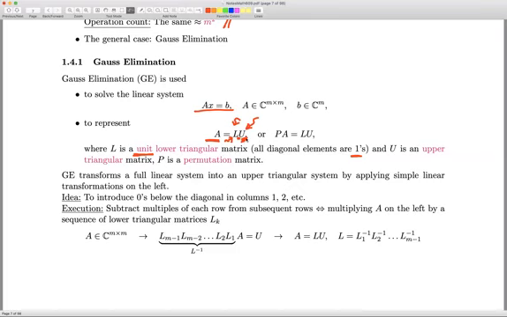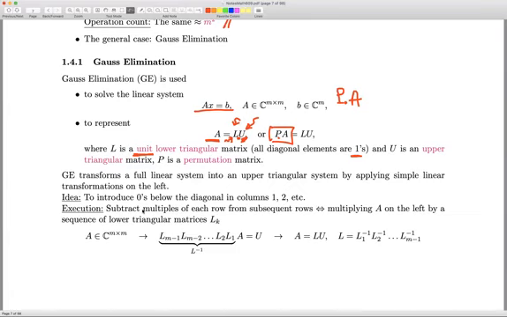If it cannot, we can find a permutation matrix P such that not A = LU, but PA = LU. So A by itself is not the product of L and U, but if you multiply a permutation matrix times A, which basically means we permute the rows of the matrix, then we end up with a matrix that has the LU factorization.